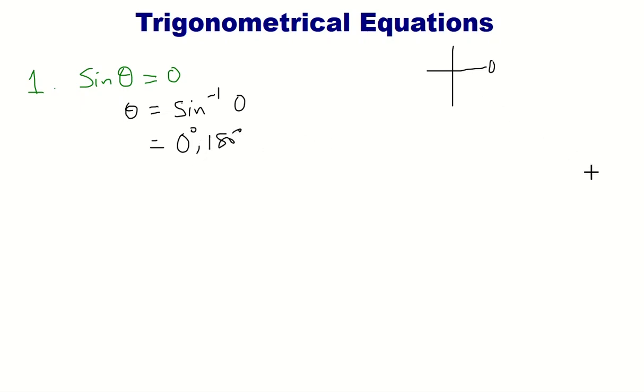You should know that. We looked at the graphs of sine, cos, and tan. We saw that when theta is 180, sine is 0, just as when theta is 0, sine 0 is 0.